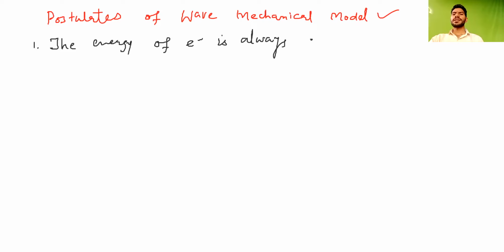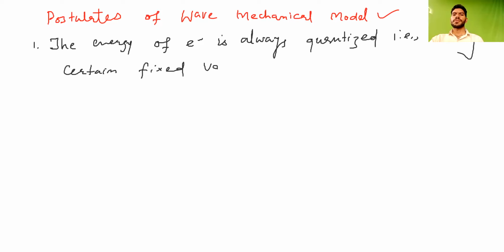So that means it has a fixed value. Quantized means having a certain definite, fixed value, right? So this is the first postulate of this quantum mechanical model.